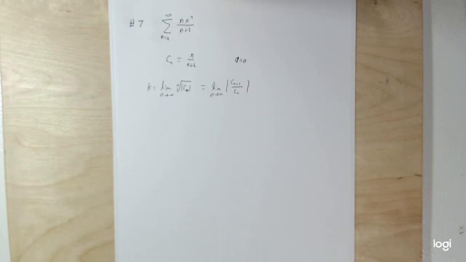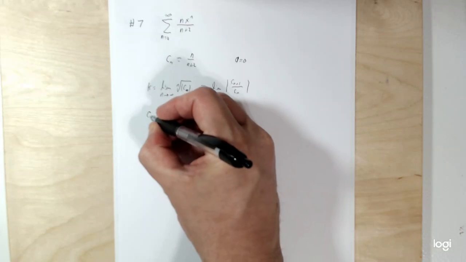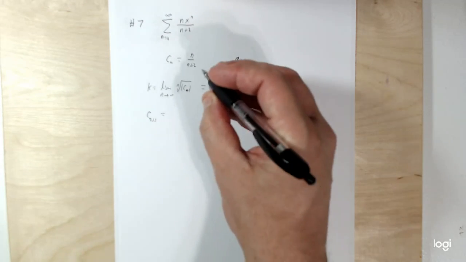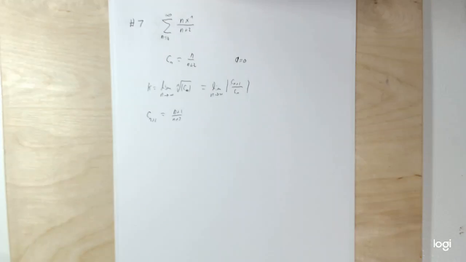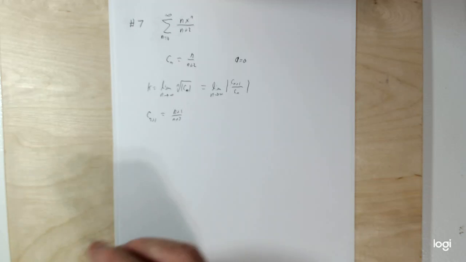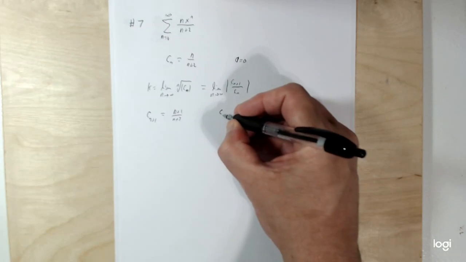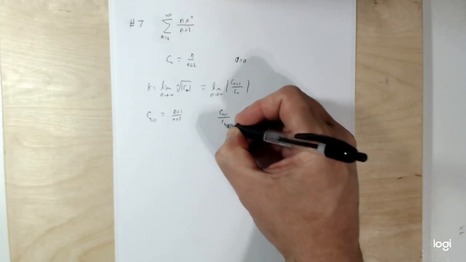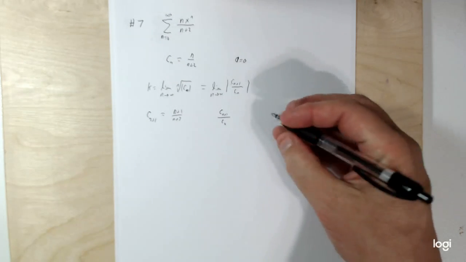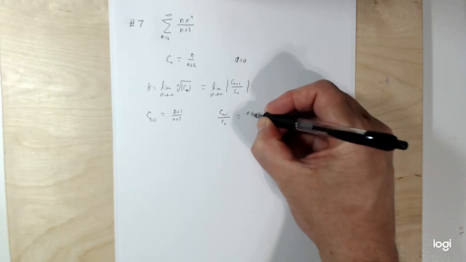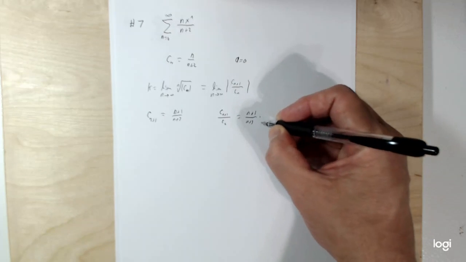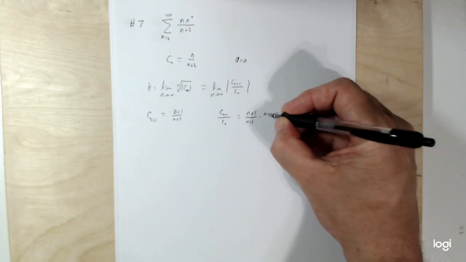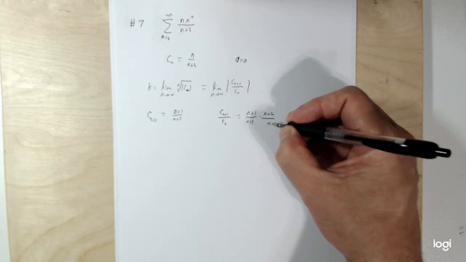But let's do some practice with the ratio. We've done some roots already. So I want to look at c sub n plus 1. That's going to be n plus 1 over n plus 3. So when I divide that by c sub n, that means I'm going to invert and multiply when I divide fractions. n plus 1 over n plus 3 times, invert and multiply, n plus 2 over n.